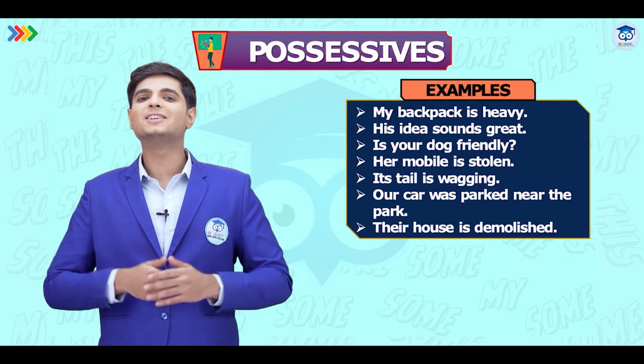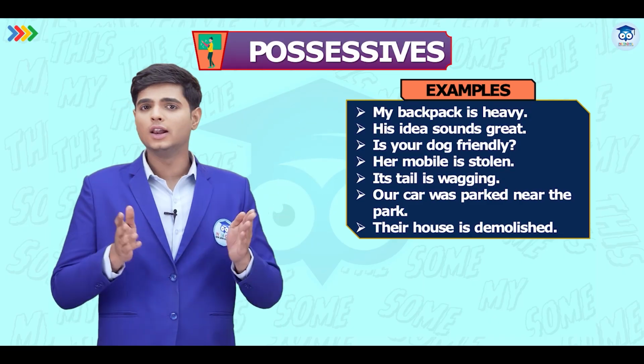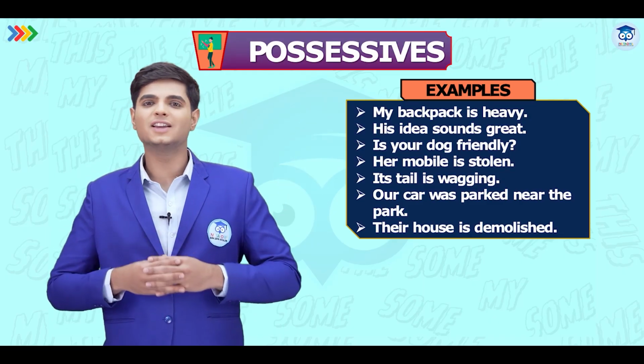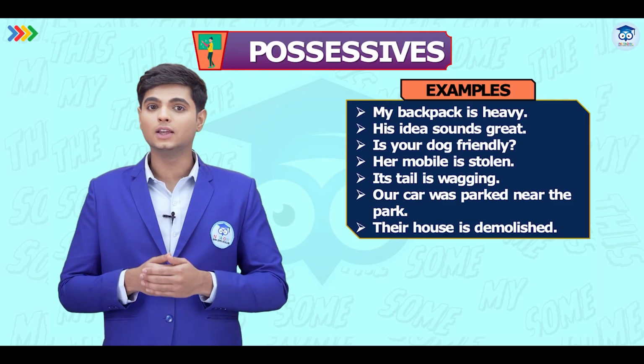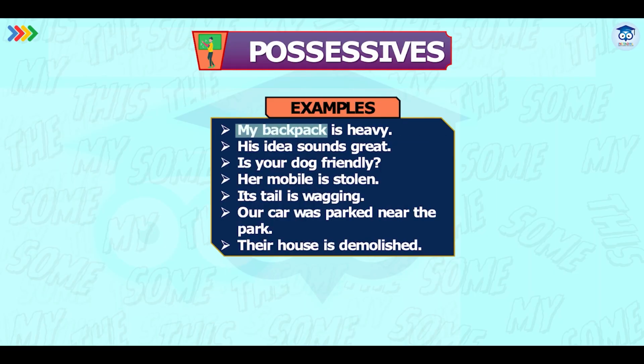To strengthen our understanding of possessives, let's look at how they are used in real sentences. When we say, "My backpack is heavy," the word my shows that the backpack belongs to the speaker. Similarly in, "His idea sounds great," his tells us who owns the idea. The question, "Is your dog friendly?" uses your to show possession.